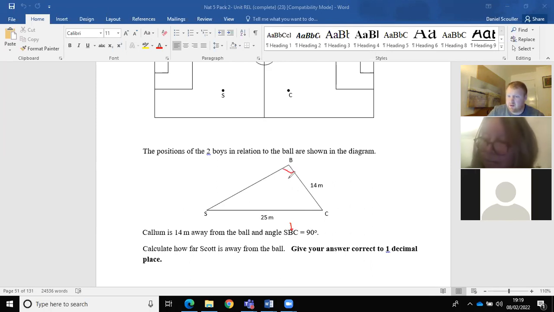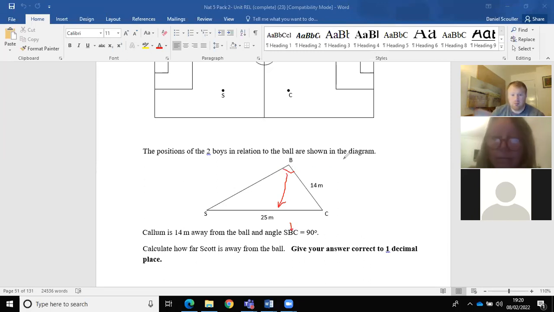With that information, straight away, we know that the side opposite that is going to be our longest side. That's our hypotenuse. So the distance between Scott and Callum is 25 metres. That's our longest side. Callum to the ball, B is the ball, is 14 metres, and then we've got Scott to the ball, which is what we're looking for.